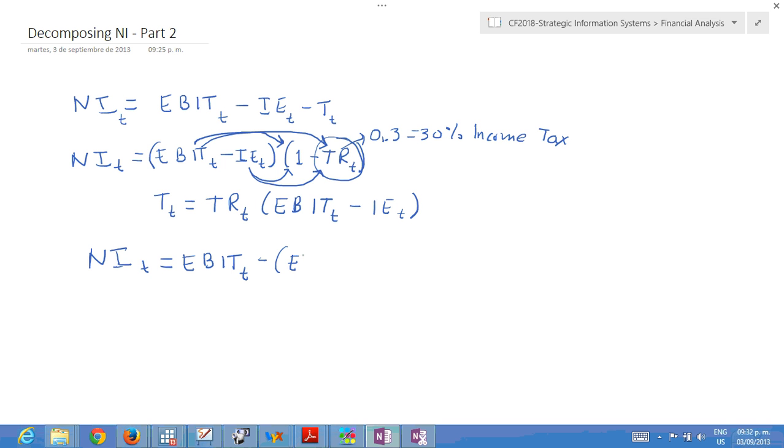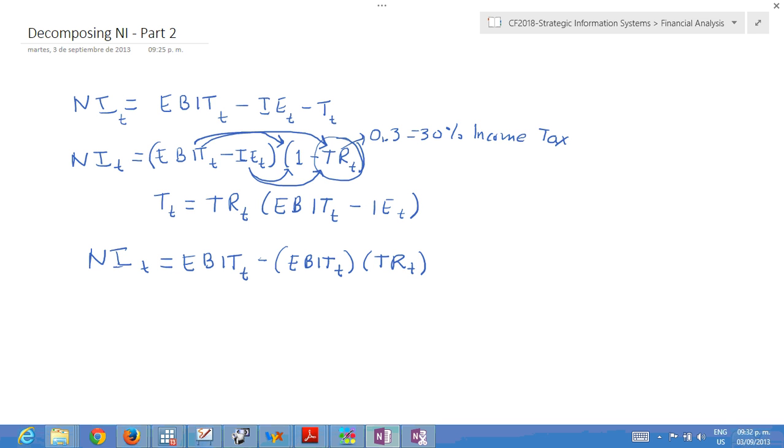It's going to be EBIT at time t multiplied by the tax rate. Then we finish the first factor when we multiply by this binomial.